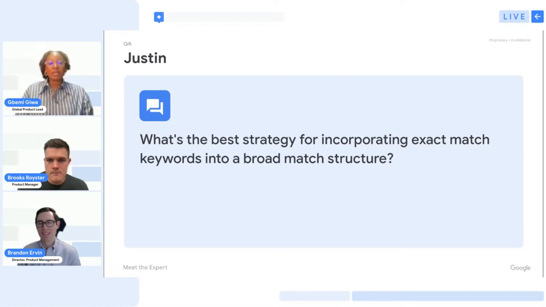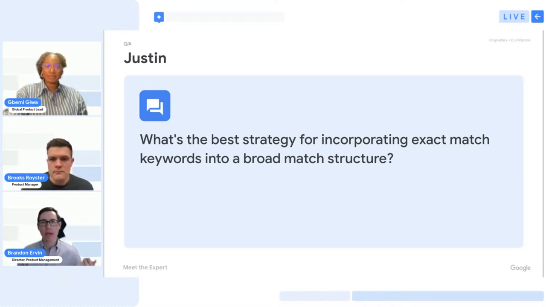So what is the best strategy for incorporating exact match keywords into the broad match structure? I think I'm going to pass this over to Brandon. We get this a lot. Yeah, great question. We know everybody still loves exact match. So I think it just depends on your business objectives. A pattern we often see is people have existing phrase or exact match setups. They start by adding broad match in that same ad group to test performance.